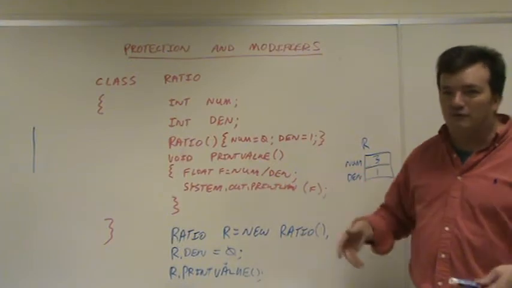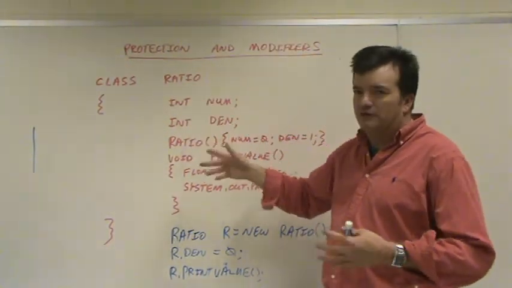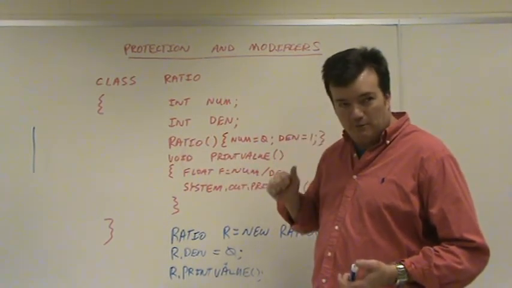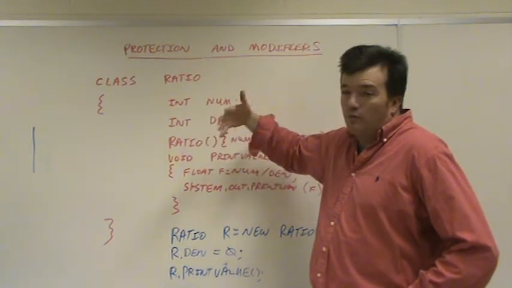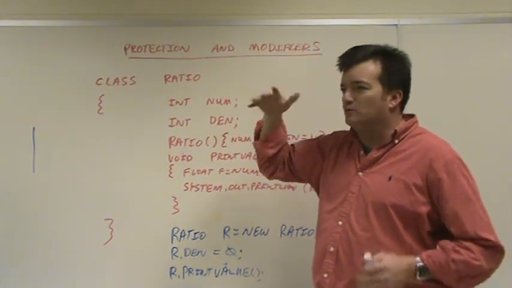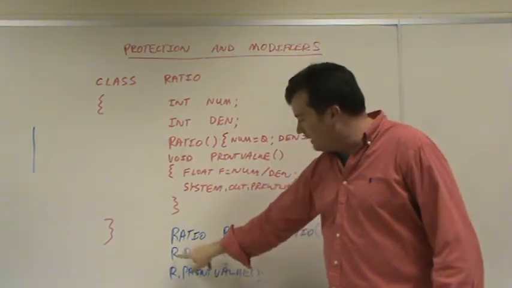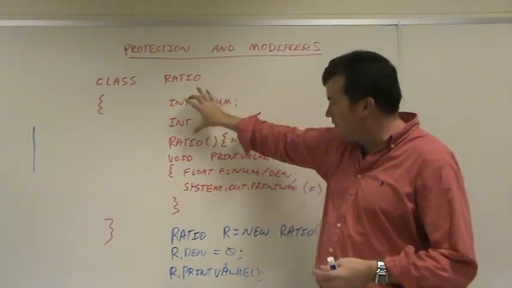But we could decide later on, for whatever reason, to change them from integers to doubles, or a big integer, a long. We might change this later on to longs, or floats or doubles. Who knows? We might change how we want to represent the integer. And we don't want people from the outside world getting their code screwed up because we've changed ours.